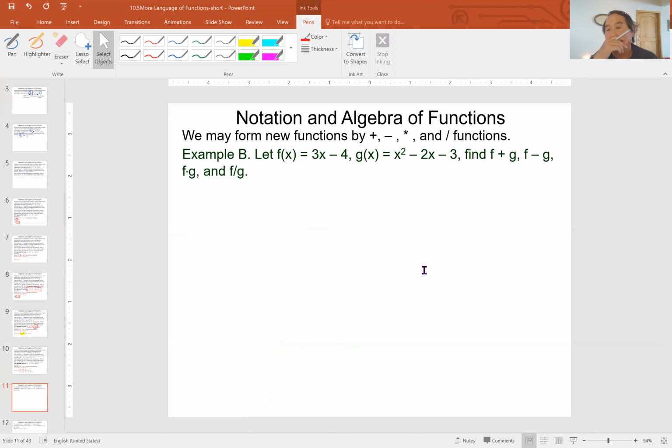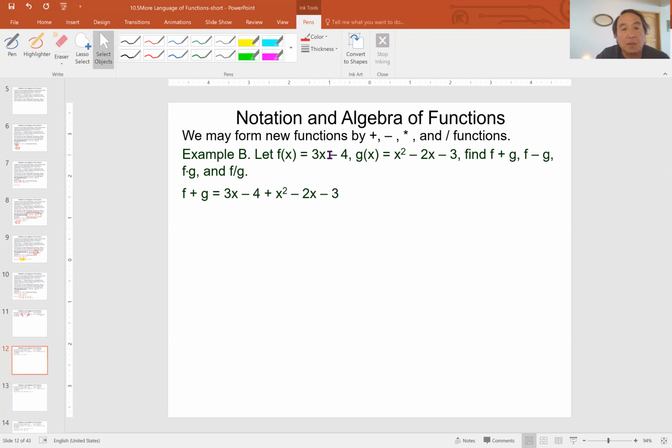And we can use the operations add, subtract, multiply, divide, with the names of the functions to make up new functions in obvious ways. For example, f plus g means take formula f and add it to formula g. The symbols refer to which formulas on the paper we are working with.